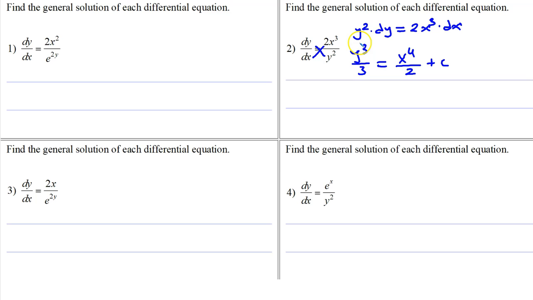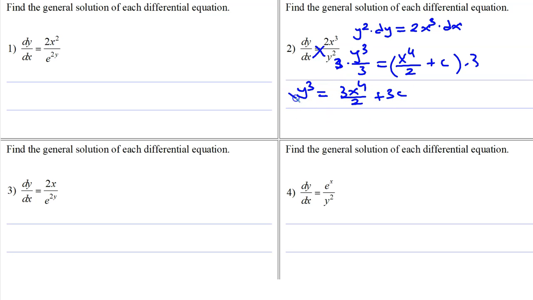Again, we need to get the y by itself, the only thing. So if I multiply each side by 3 to remove 3 from the denominator, we get y cubed is equal to 3x to the 4th over 2 plus 3c.